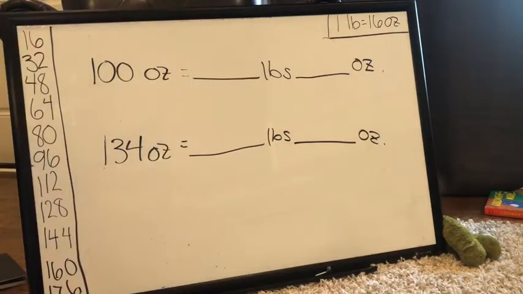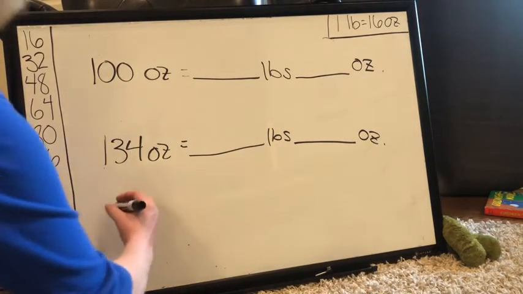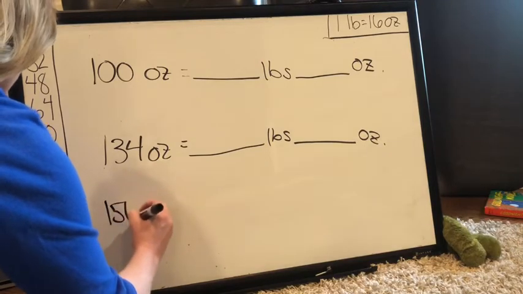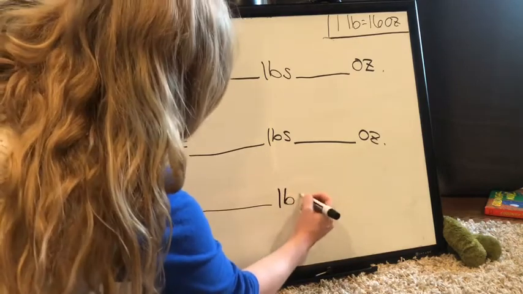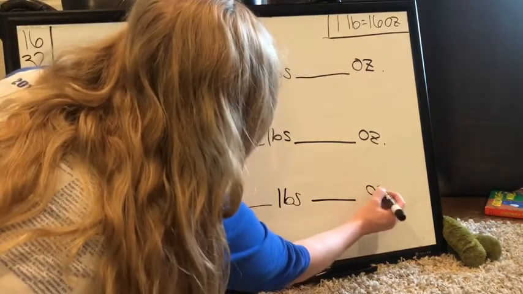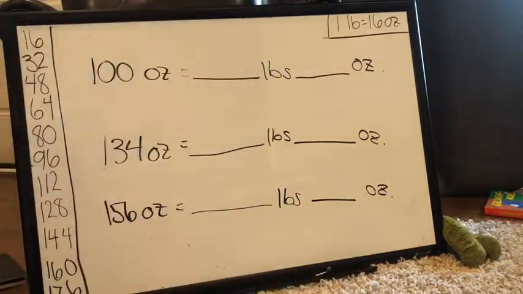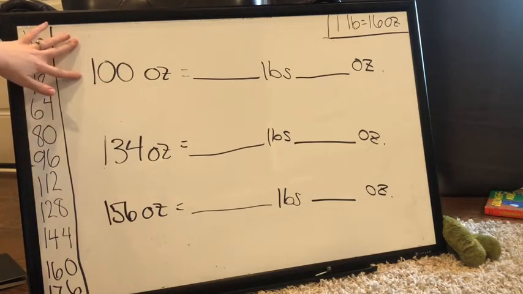And then finally, let's do one that's really going to trick you. 156 ounces is how many pounds, how many ounces? Let's do one more together just for practice's sake, and then I'm going to have you do the last 2 on your own. Okay, so 100 ounces is how many pounds, how many ounces?